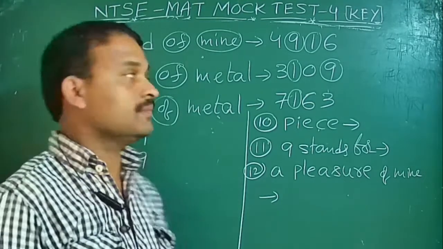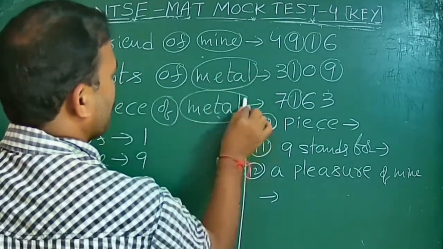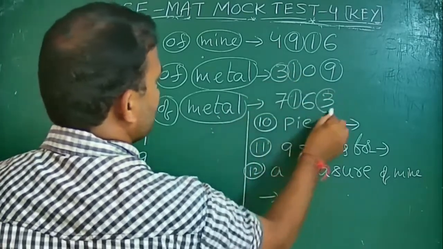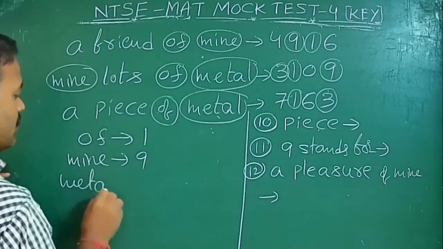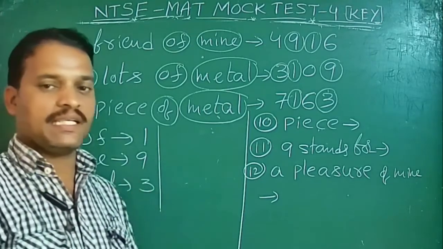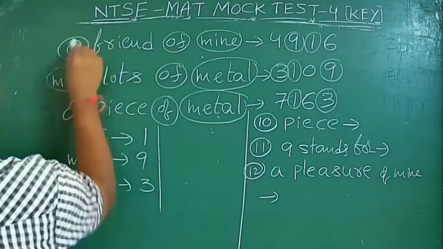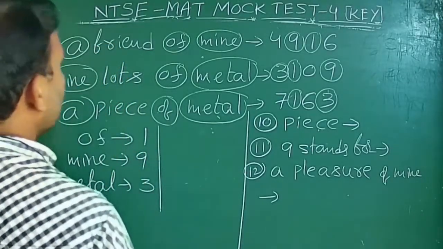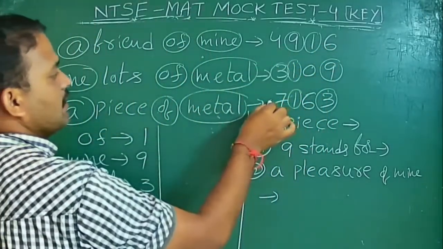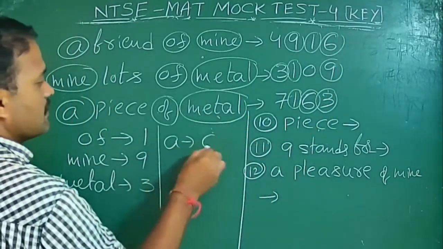Similarly, next the second and third: 'metal'. In these 2 and 3, which number is repeated? 3 is repeated, so here the metal code is 3. Clear? Next, similarly, in the 1 and 3, 'a' is repeated. Here 6 is repeated, so that's why the code of 'a' is 6 only.